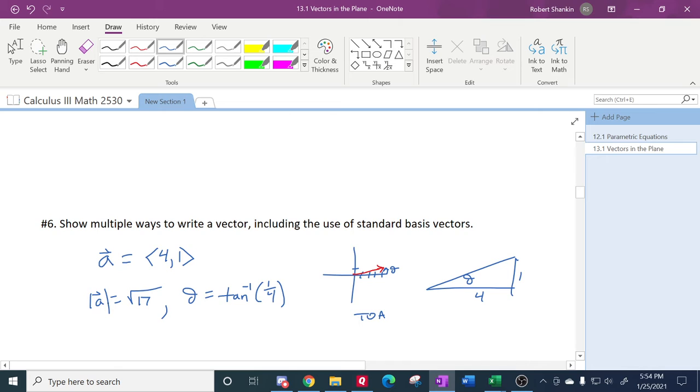So there's two ways we can do this. We can also use the standard basis vectors i, which is a unit vector in the direction of the x-axis, plus 1j, which is the unit vector in the direction of the y-axis, like this.